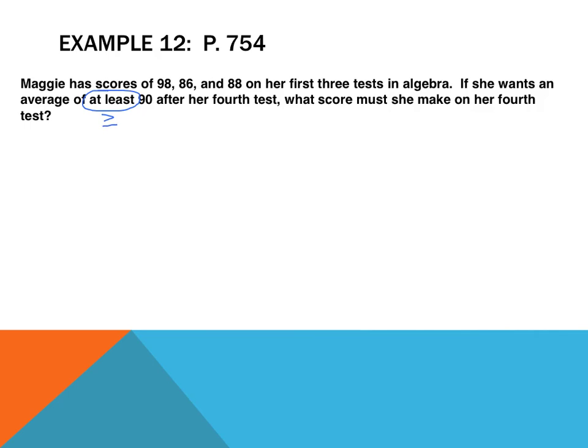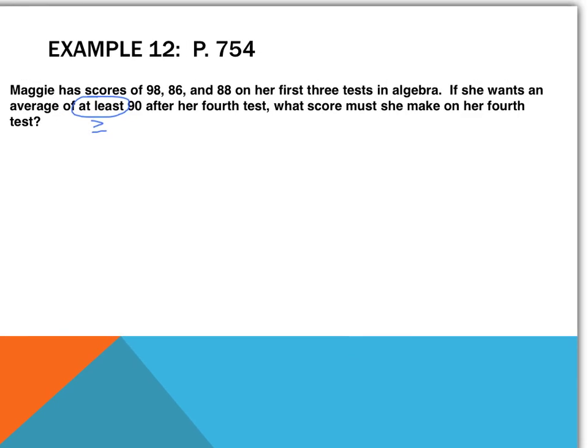So we're going to start setting this up by writing 98 plus 86 plus 88, and then she's going to have 4 tests, so plus x is her 4th test, and we'll write x because we don't know what that test grade is. Divided by 4 is, we want it to be at least 90, so greater than or equal to 90.